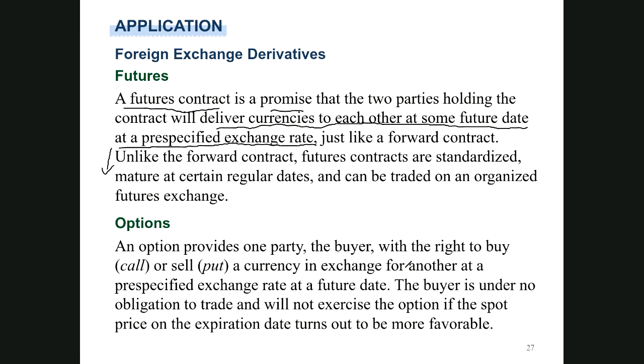For example, today is July 22nd, right? And if today's exchange rate for the US dollar to the euro is 1.05, you sign a contract with the foreign currency seller that you would like to buy 100,000 euro on September 1st at a specific exchange rate.